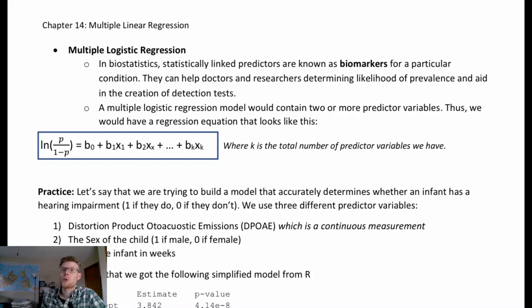So maybe I want to know the likelihood of somebody developing breast cancer based on certain factors that I know about that person. Maybe I have family history of breast cancer as a predictor. Maybe I have their weight. Maybe I have some kind of hormone level as predictors. Then I can use that to model the likelihood that they are going to develop breast cancer or not.